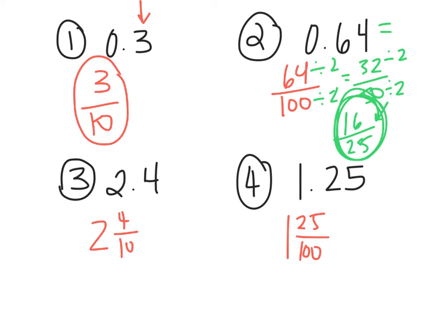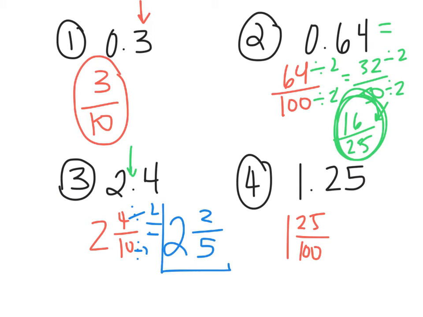Looking at number 3, this would be 2 and, because that decimal point means and, 4/10. Once again, whole number is already in simplest form. I just need to simplify my fraction. So I'm going to divide by 2, and I would end up getting 2 2/5. Finally, 1 and 25 over 100, 1 and 25 hundredths.